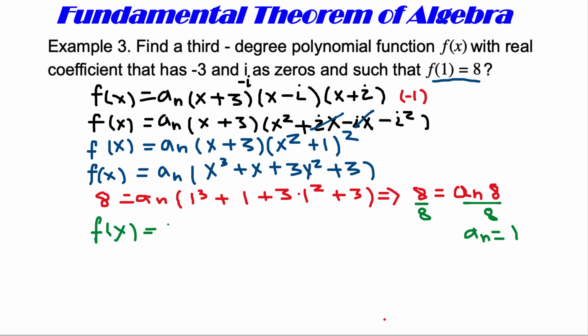Here is a 1 times. Just let me write this function a little bit more in standard form, from the highest degree to the smallest one. I can write 3x squared, then I can write plus x plus 3. And if I multiply everything by 1, the function is going to be the same.